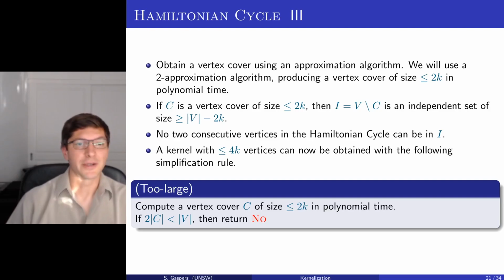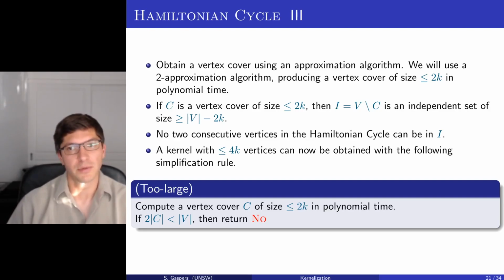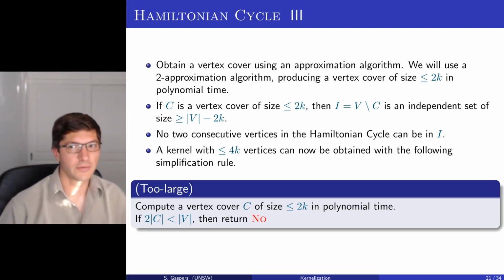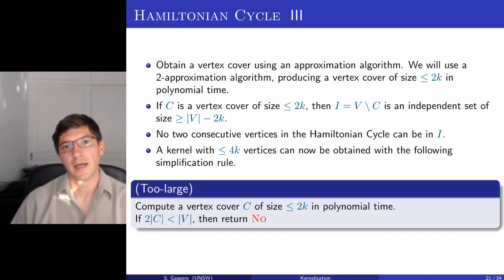Well, we can approximate the vertex cover problem. We can obtain a vertex cover using an approximation algorithm. We already saw that there exists a 2-approximation algorithm for vertex cover, and it produces a vertex cover of size at most 2k in polynomial time.